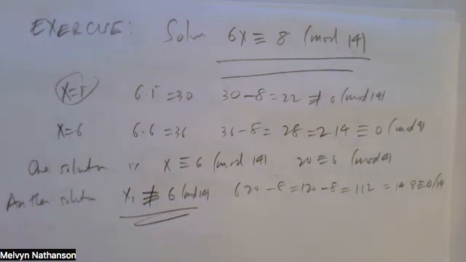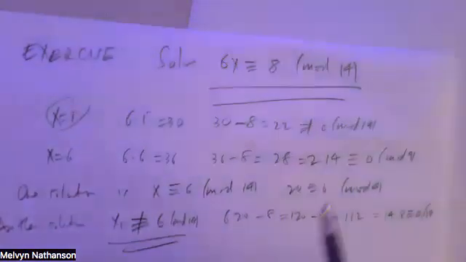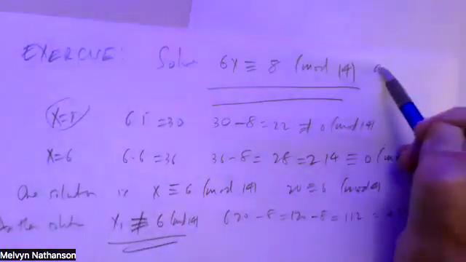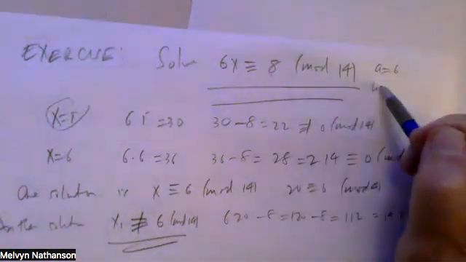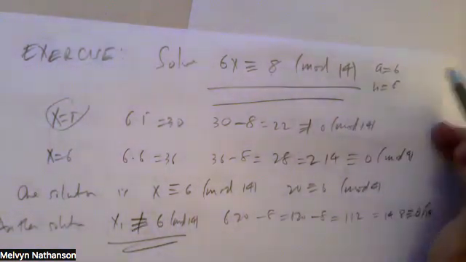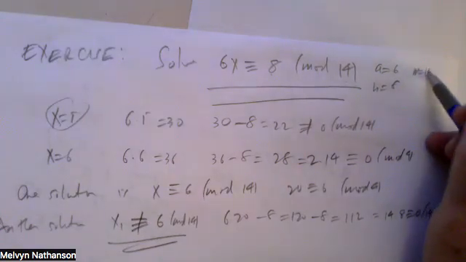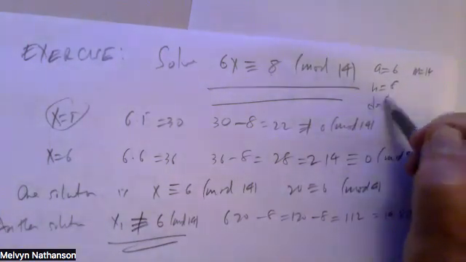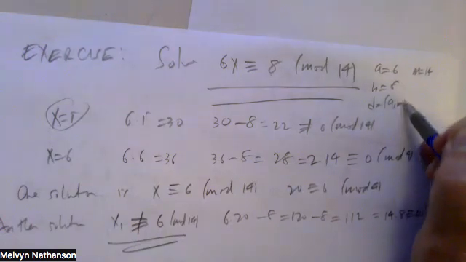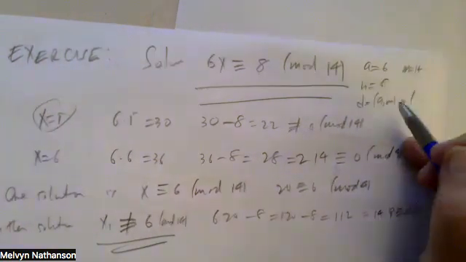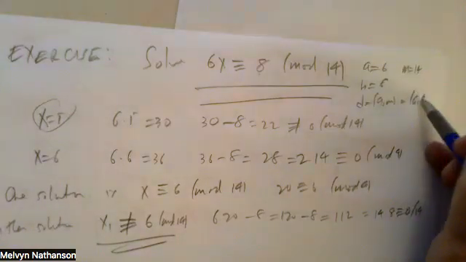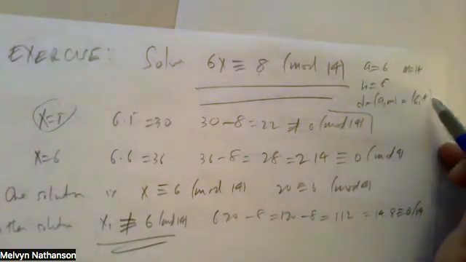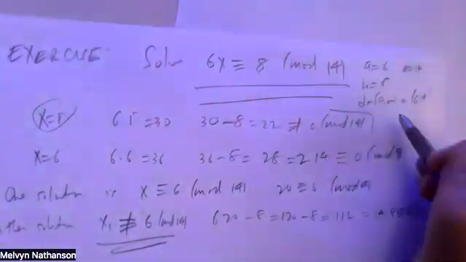So the theory says, in this case, for this congruence, a is 6, b is 8, the modulus is 14, and d is the greatest common divisor of a and m, that is, the greatest common divisor of 6 and 14.